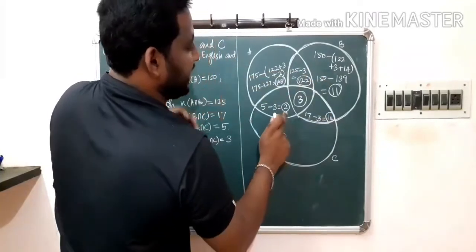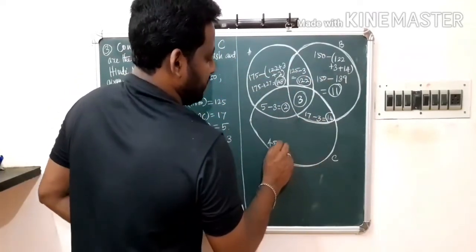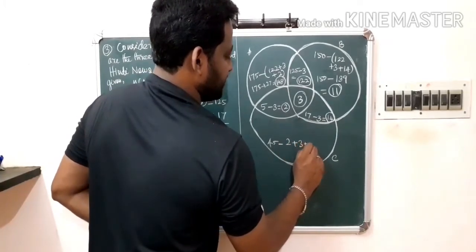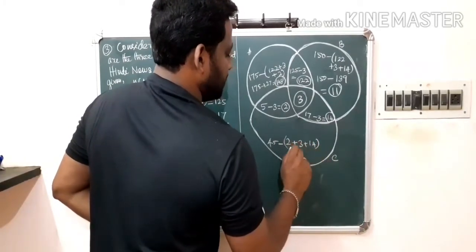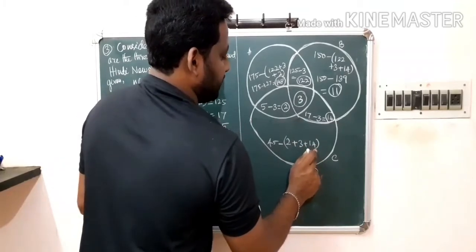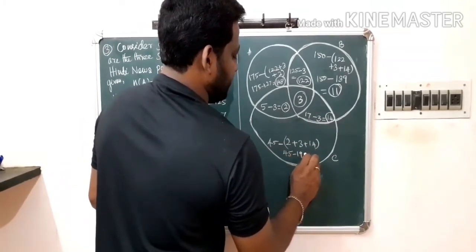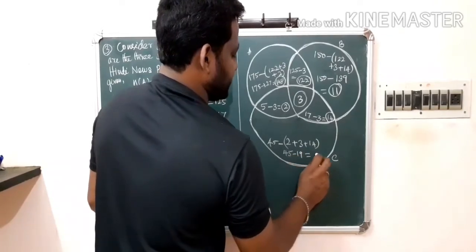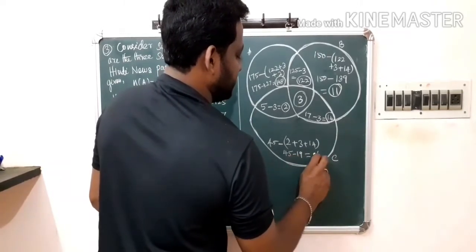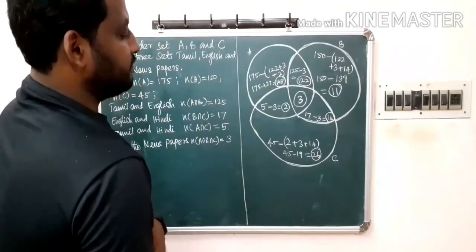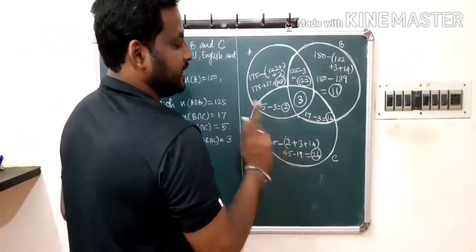So we have to subtract 2, 3 and 14. 45 minus 2 plus 3 plus 14. So 2 plus 3, 5. 5 plus 14, 19. So 45 minus 19 is 26. So 26 families are getting only Hindi newspaper.